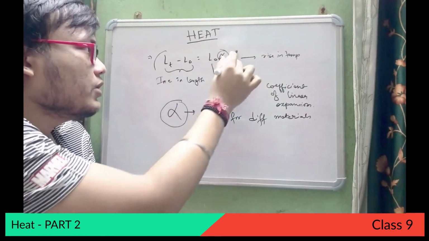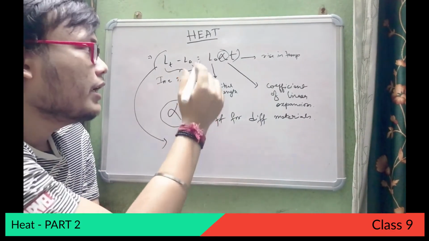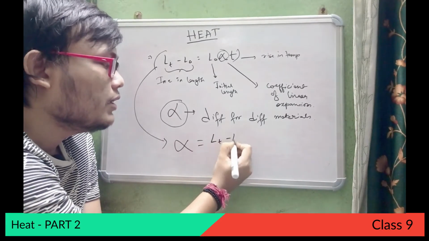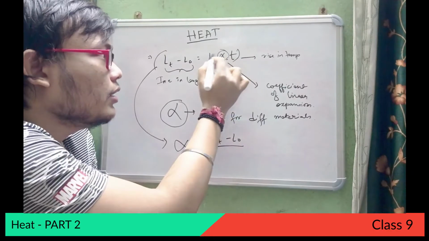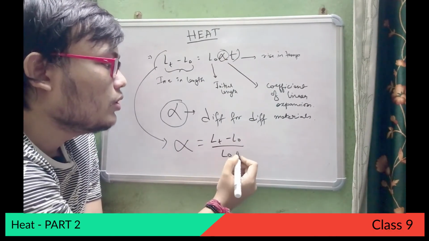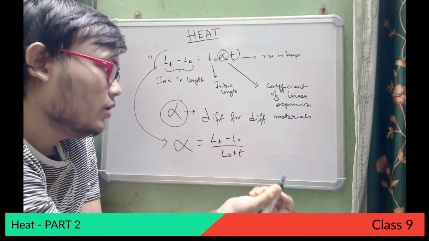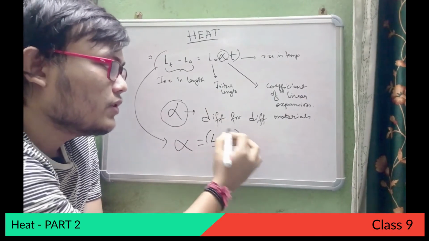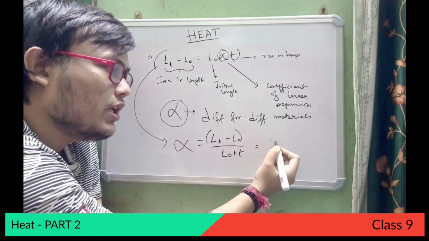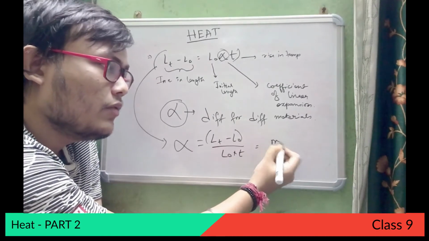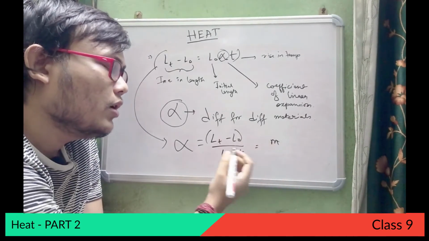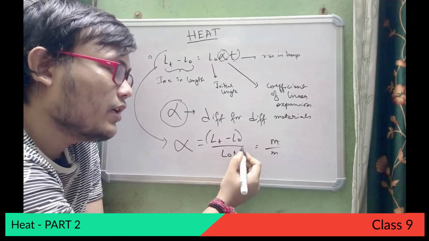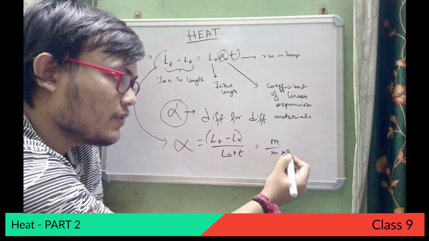From this expression we can write that alpha equals LT minus L0 by L0 into T. LT minus L0 is the increase in length, so its unit will be in terms of length, let's say meters, and L0 is also meters, and temperature is in degrees Celsius.